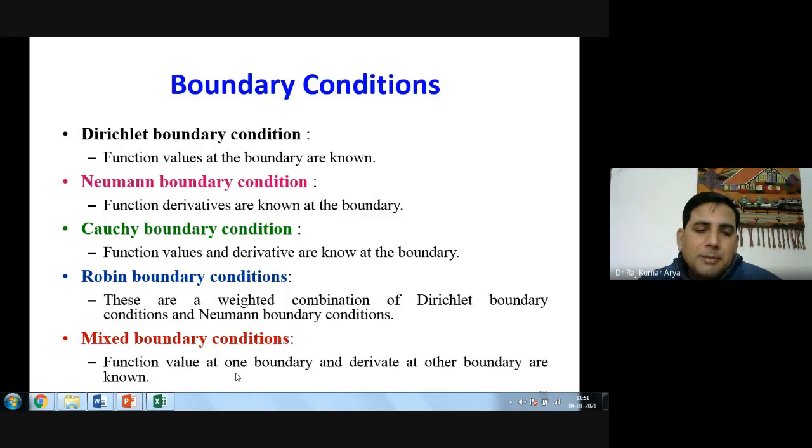Outside, you know the air temperature. Practically, you know the convective boundary condition, where whatever flux is coming there is balanced by the convective heat transfer to the air. So one side you have temperature, the other side you have a derivative. That's one way, or maybe anything, depending on what can be measured.